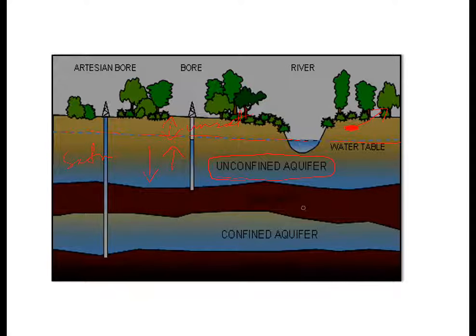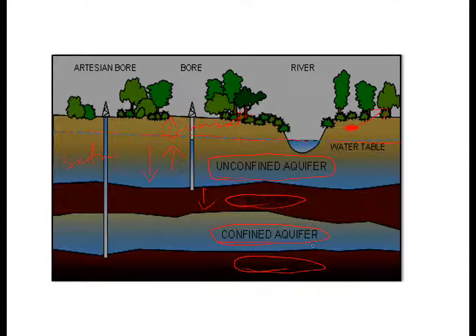And this is an aquitard, which allows a little amount of absorption of water, and this water comes down towards the confined aquifer. Just below this layer is the aquiclude, whose rocks are impermeable. It won't allow water absorption, and the permeability of the rocks becomes less, so the water is confined in this zone.